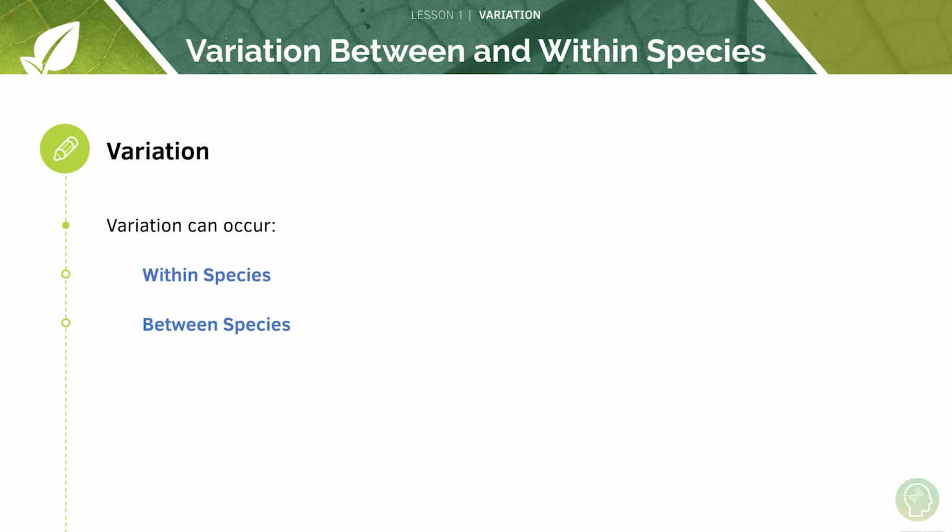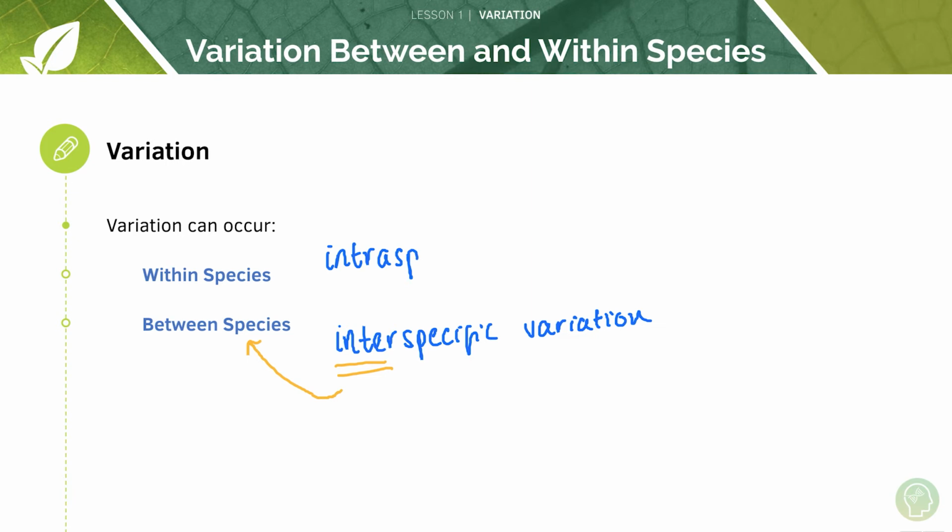And the way I remember this is that the stem inter, so if I just write that out for you, the stem inter means between, okay? So that will be between species. Whereas intraspecific is within species.